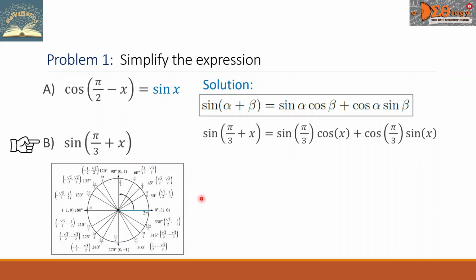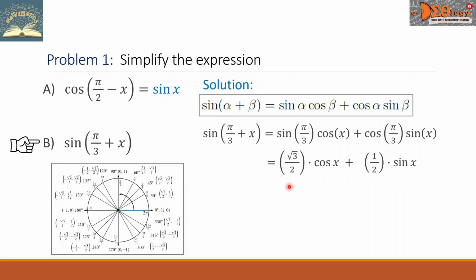With our unit circle here, let us write the values. For pi over 3, that is sine, that will be square root of 3 over 2 times the cosine x plus the value of cosine pi over 3, that will be 1/2 times sine x.